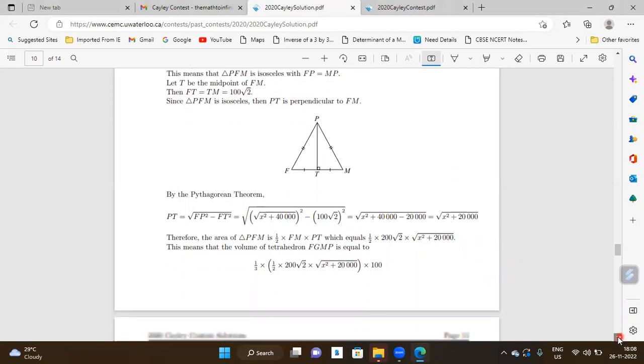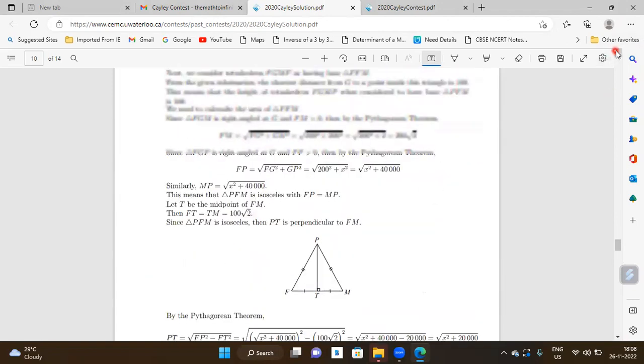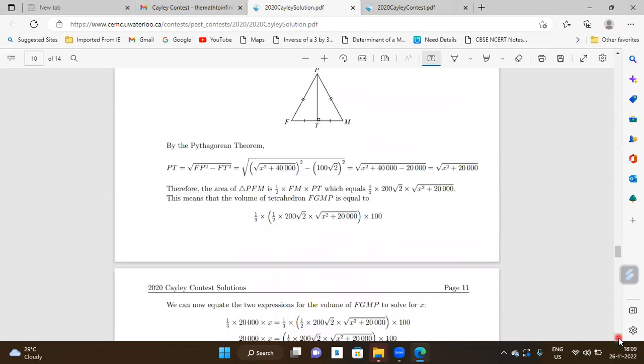And then, as you said earlier, you will just have to equate those two expressions. You already found the volume of the tetrahedron earlier, so you just have to equate them.